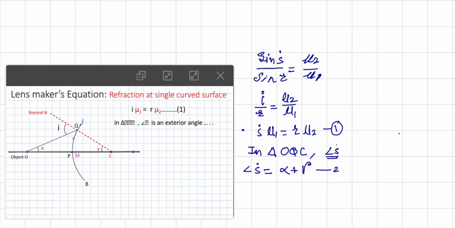So here is equation 2. So that we have got.